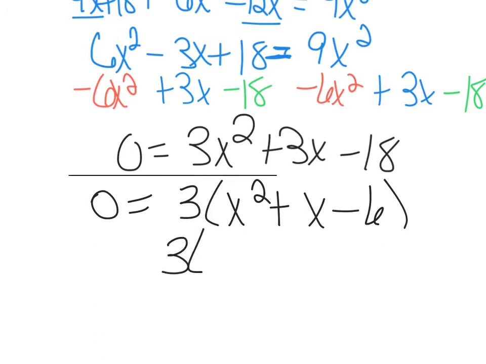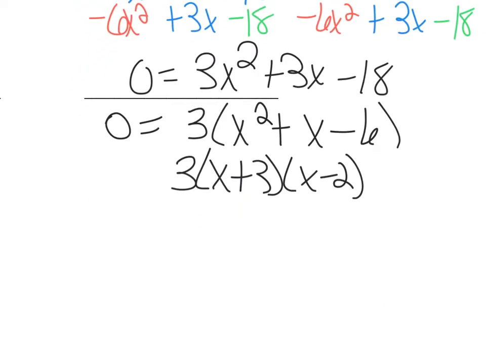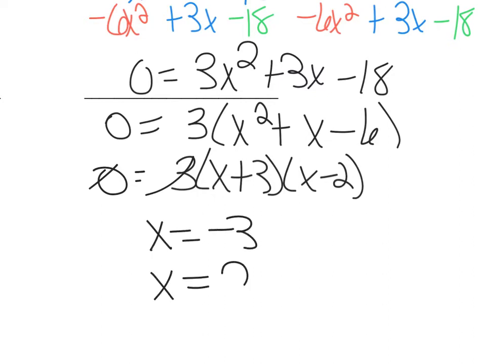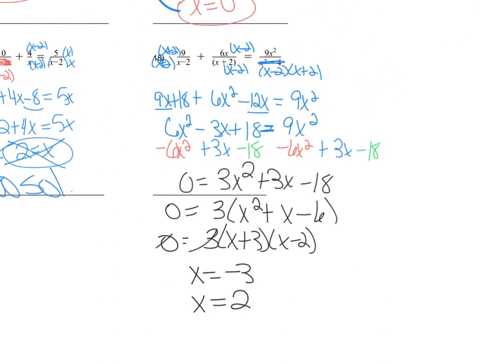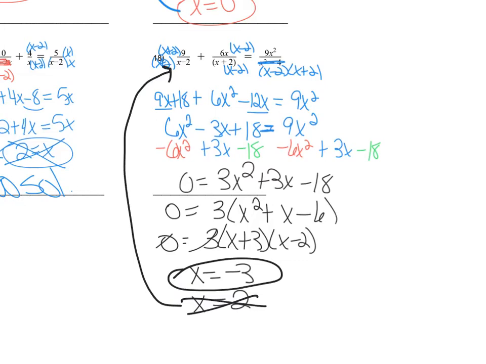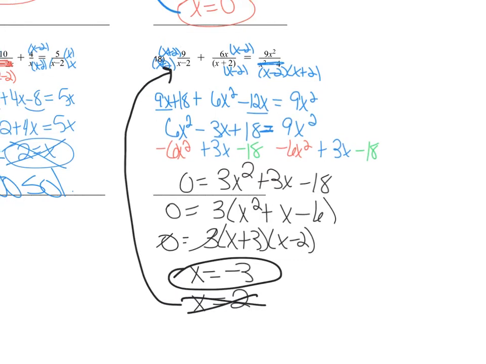If I factor, I get x plus 3, x minus 2, which means the 3 there doesn't count, and we get x equals -3 and x equals 2. We always want to go back and double check, is that going to make my denominator 0? It sure is. It can equal -3, but 2 would make my denominator 0. So in this case, I only have one solution.